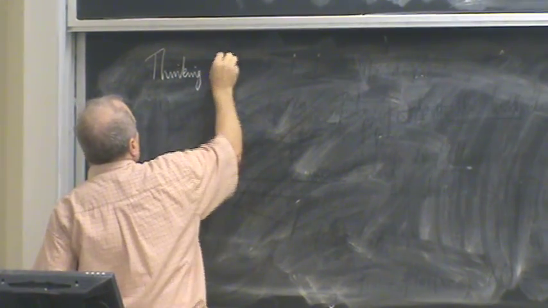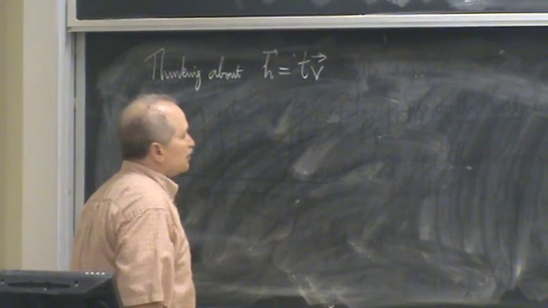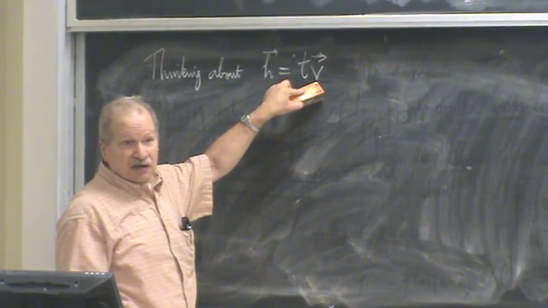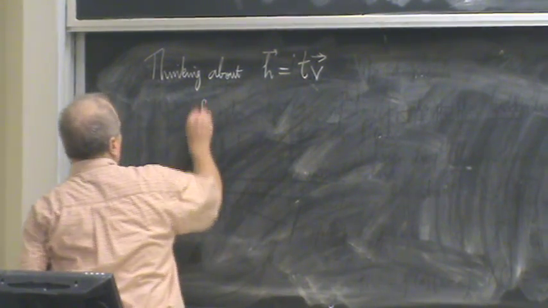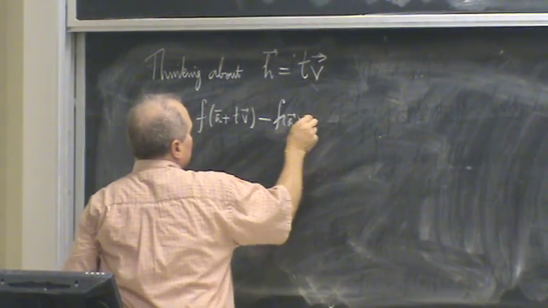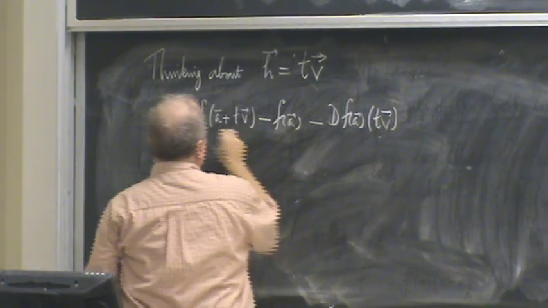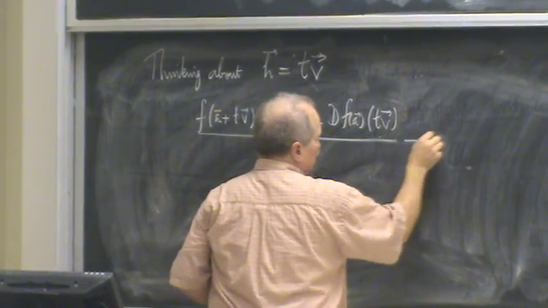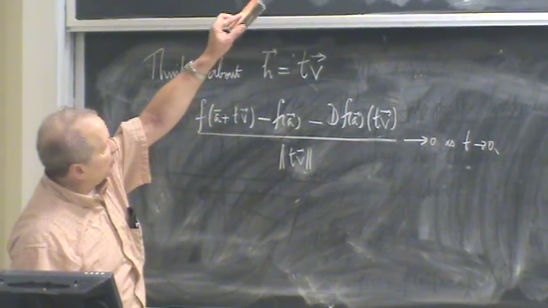Think about setting h to be t times v, if you wanted to know how the function changes as you move in the direction of v. You would plug that in, and you would have f of a plus tv minus f of a minus the derivative applied to tv, all over the magnitude of tv, and this should go to 0 as t goes to 0. So I'm just substituting h equal to that.